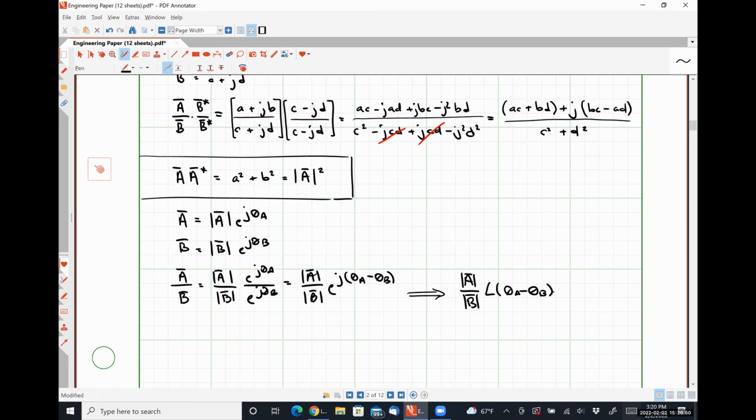In practice, your calculator does not care if you put your complex numbers in rectangular form or polar form, and it is able to do all of these operations using a mix of polar form and rectangular form complex numbers if that's how you happen to enter it in, and it will give you the answer in either polar form or rectangular form, depending on what the settings of your calculator are, okay?